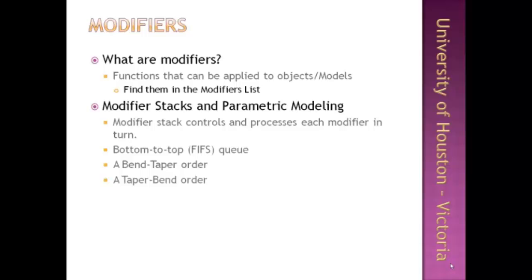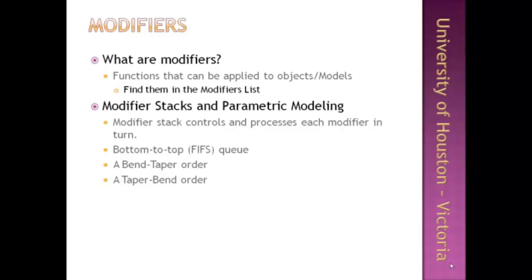If you want to see how the object looks up to some modifier while debugging and modifying your objects, there is a button called Show End Result. If you uncheck it, then when you select a modifier, the results shown will be those of the modifiers from the bottom of the stack up to the modifier you have chosen.